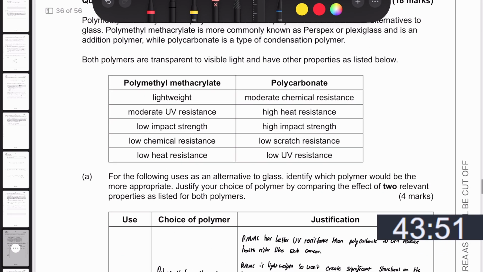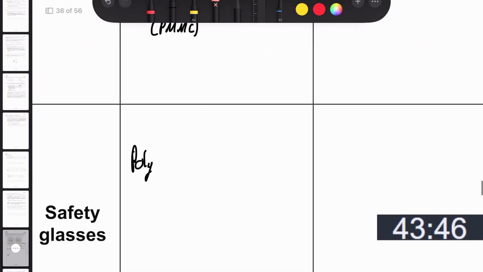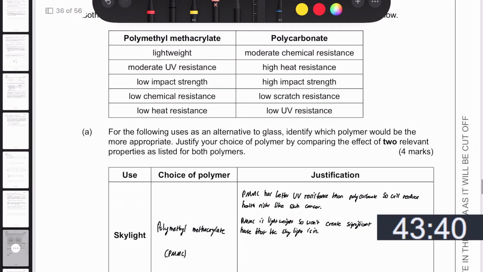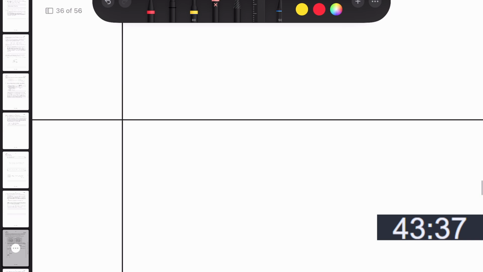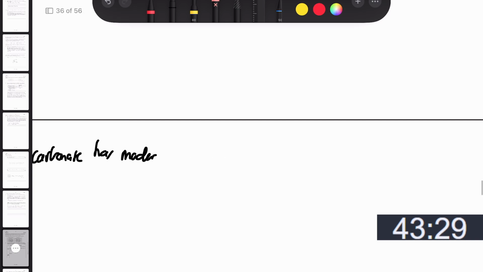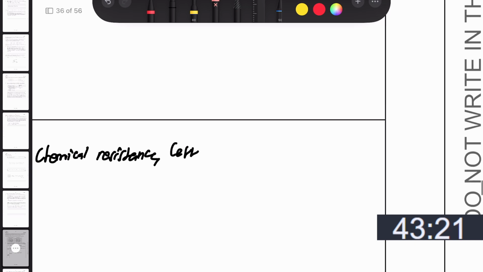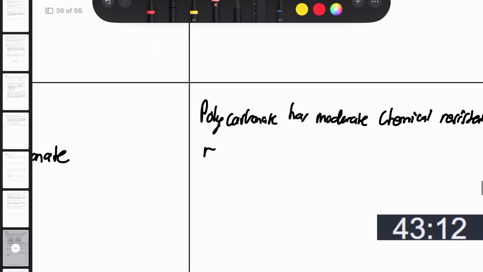Okay, safety glasses. Probably want polycarbonate. Polycarbonate has moderate chemical resistance, better than PMMA's low resistance.